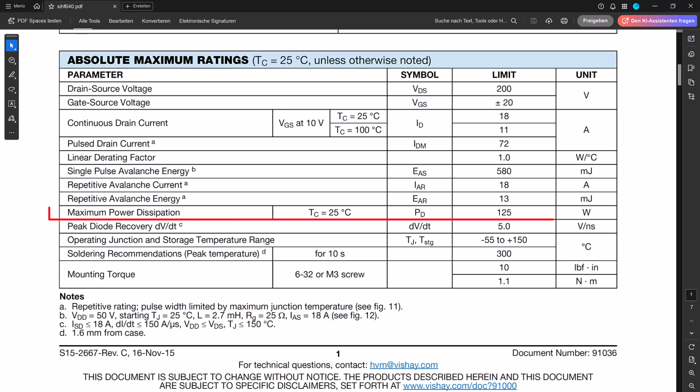PD equals 125 watts at Tc equals 25 degrees Celsius, with a derating of 1 watt per degree Celsius. So at Tc equals 100 degrees Celsius, maximum dissipation drops to 125 minus 75 equals 50 watts.